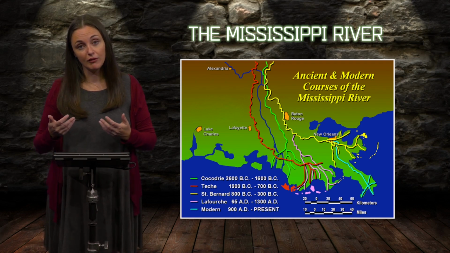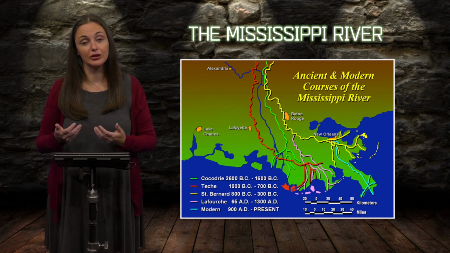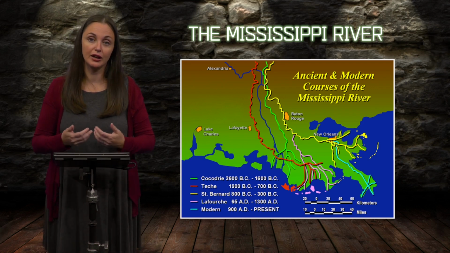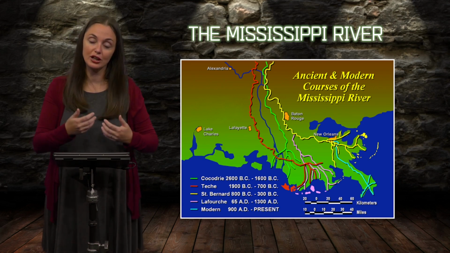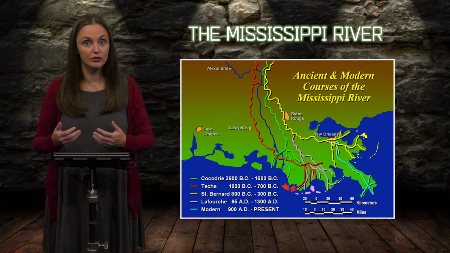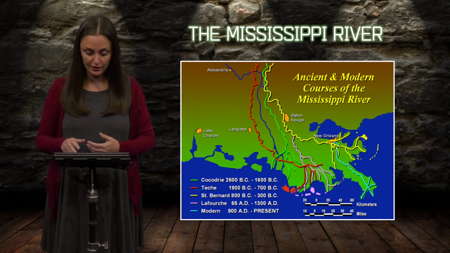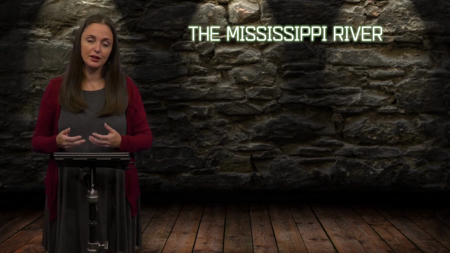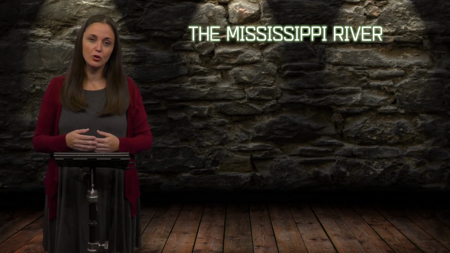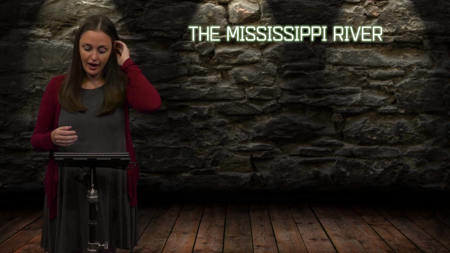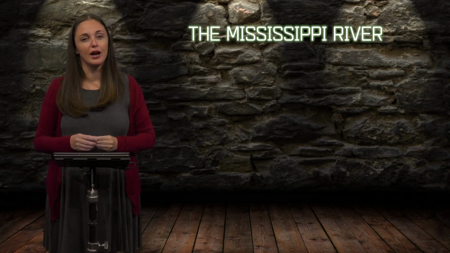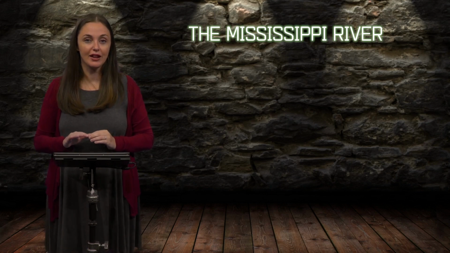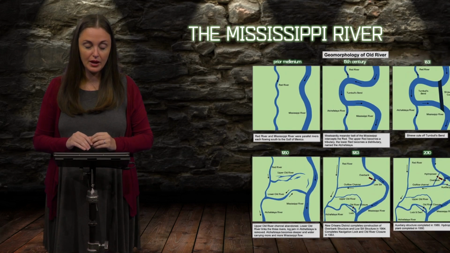So it's very necessary for us to be able to keep the Mississippi River flowing past those cities and not allow avulsion to occur and change its course, even though the river essentially very much wants to do that. So a really good example of this, an example of the river wanting to change its course, is what the river has started to do and has been in a very slow process of trying to do for about the last 500 years or so.